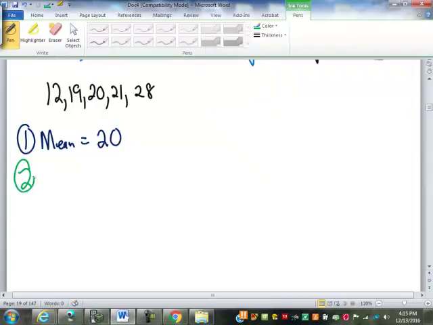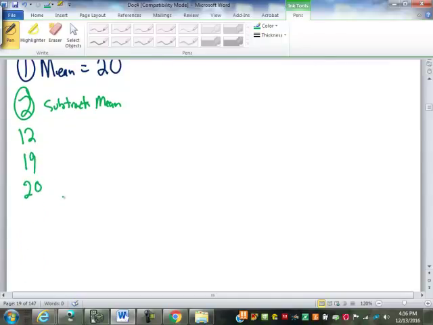What is step 2? Subtract the mean from each. So we got 12, 19, 20, 21, and 28.